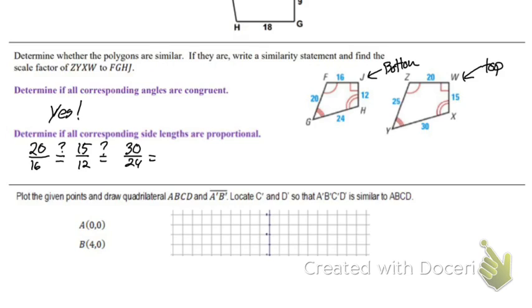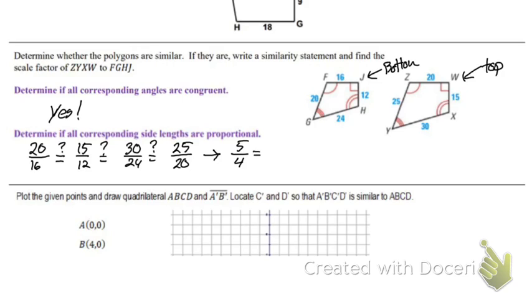We're hoping that equals that 25 over 20. Well, 20 over 16, 4 goes into 20 5 times, 4 goes into 16 4 times, so that's 5 over 4.